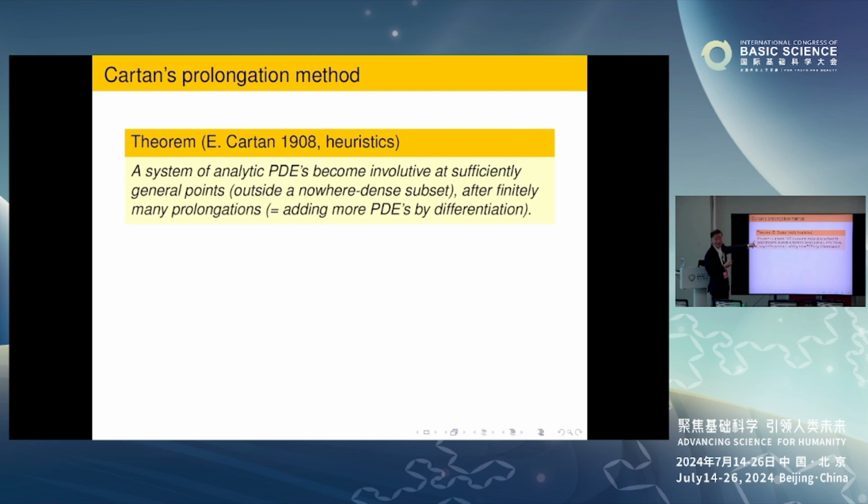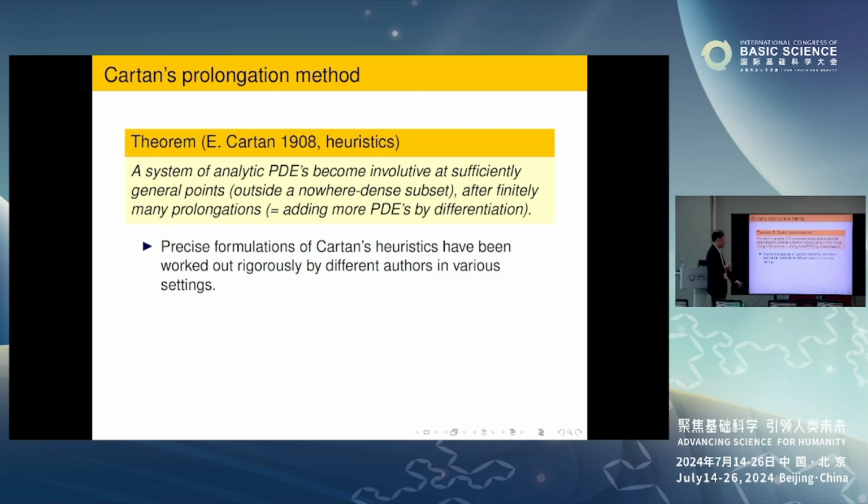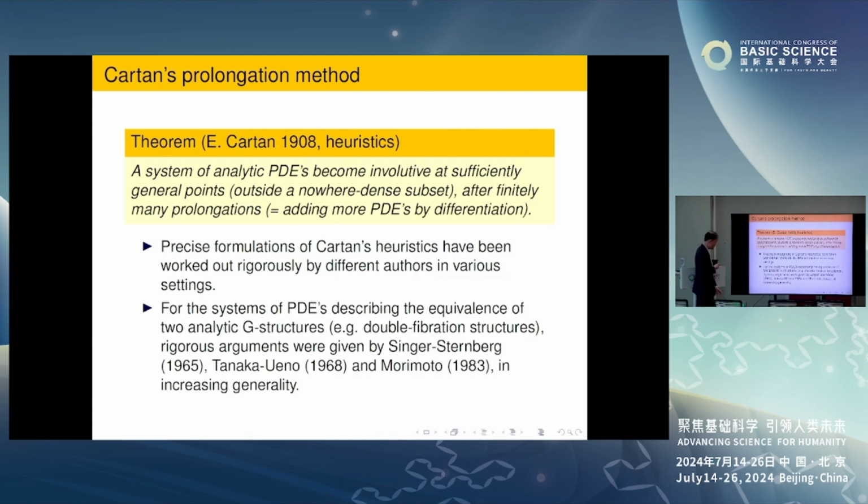That's roughly what Cartan says. Prolongation means that you enlarge the system of PDEs by adding more PDEs, by taking differentiation. But this was not very precise. So later, there are many versions of the precise Cartan prolongation theorem. And the one we used was due to Morimoto.